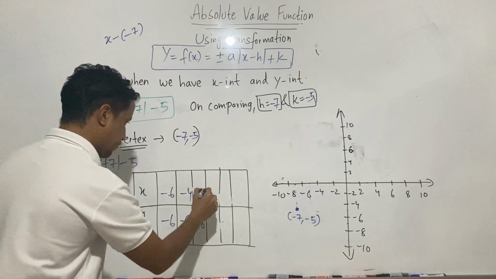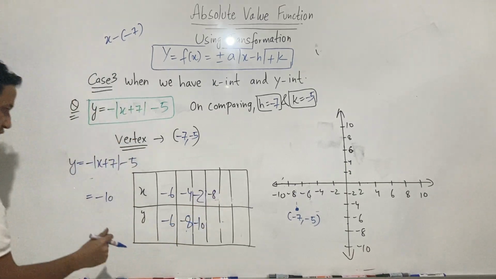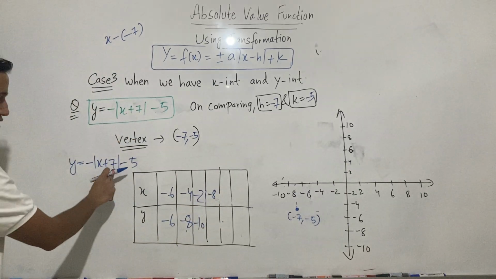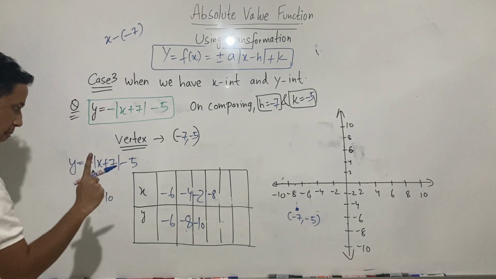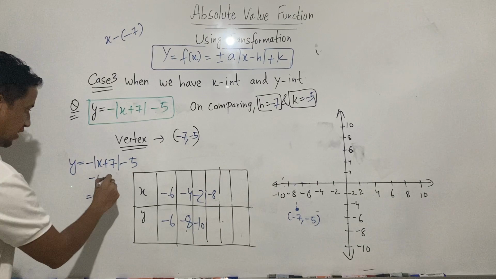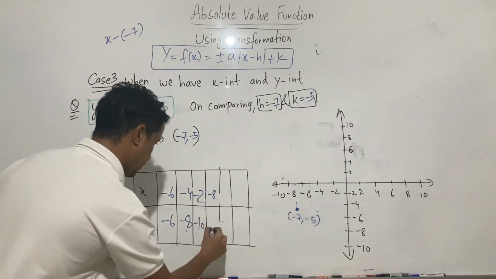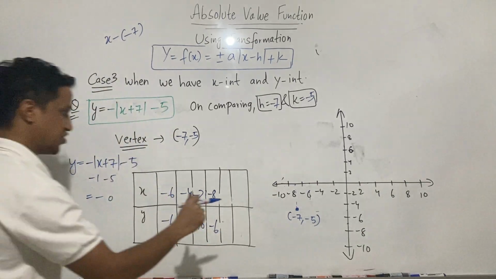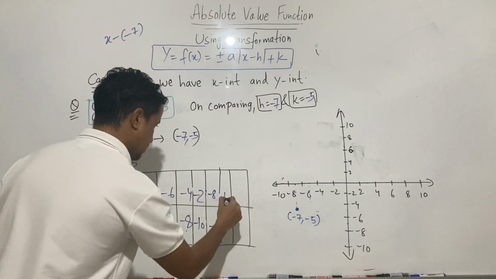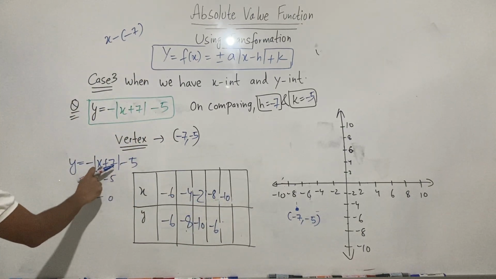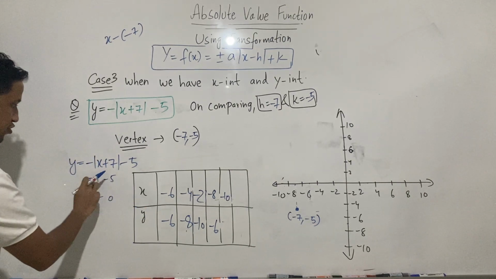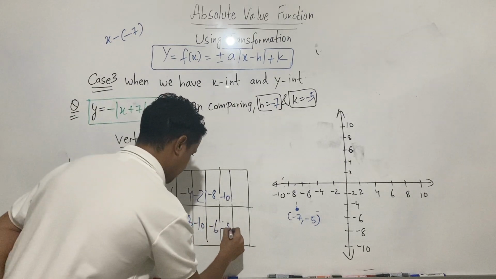Now take some values left of minus 7. We can check for minus 8: minus 8 plus 7 is minus 1, modulus 1, negative 1, minus 5 is minus 6. For minus 10: minus 10 plus 7 is minus 3, modulus 3, negative 3, minus 5 is minus 8.